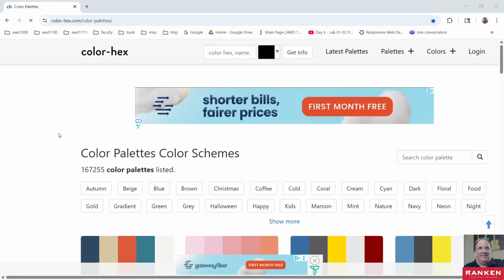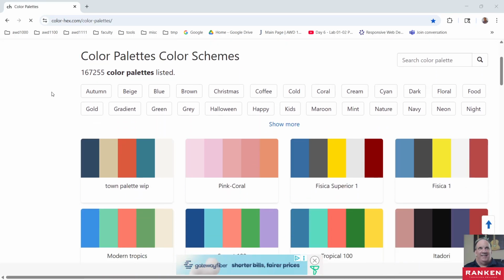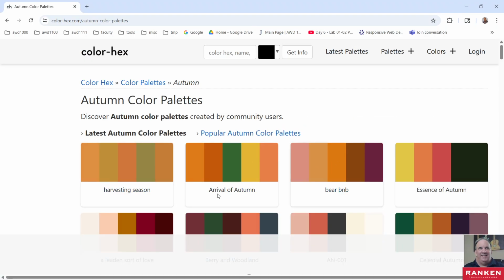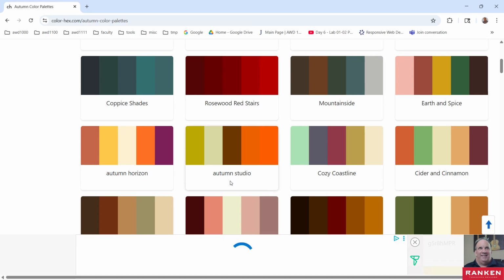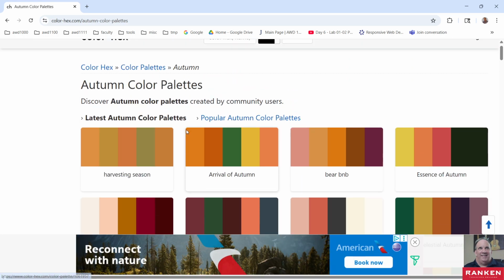So here's a site, color.hex.com. They show different color schemes, which can be very handy when you're wanting to create a website, having a set of palettes. If you want to do something autumn, here are some autumn colors, right? These are palettes.